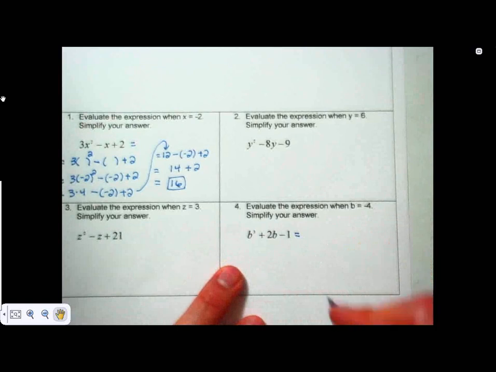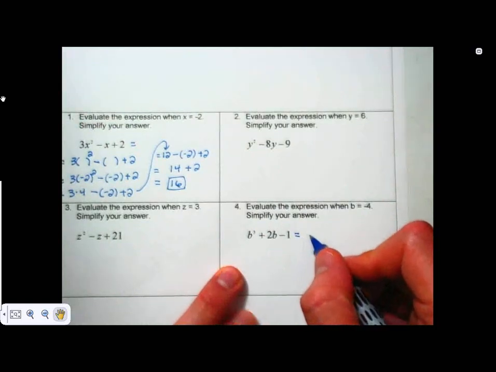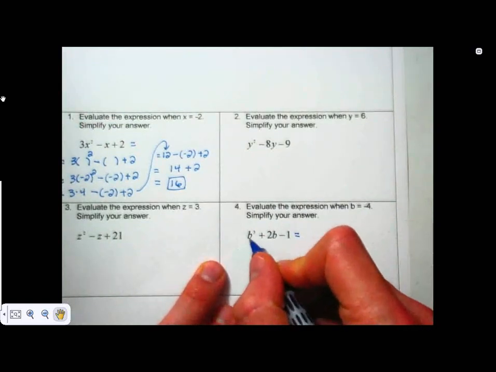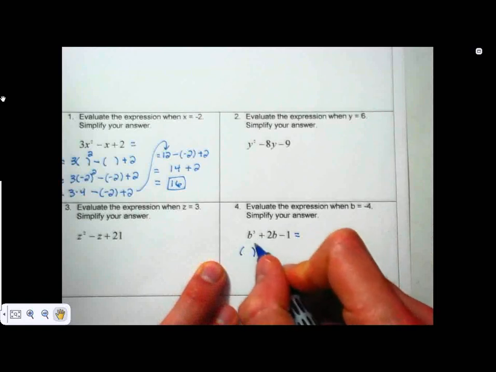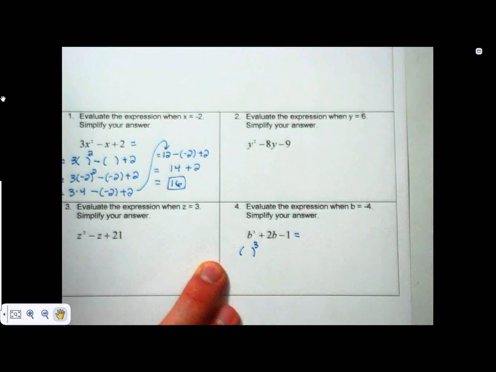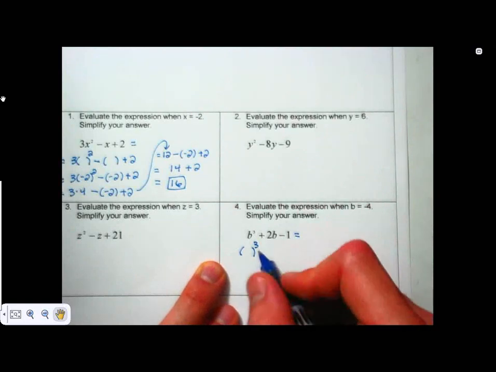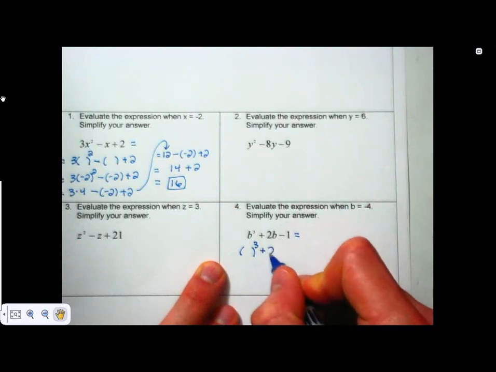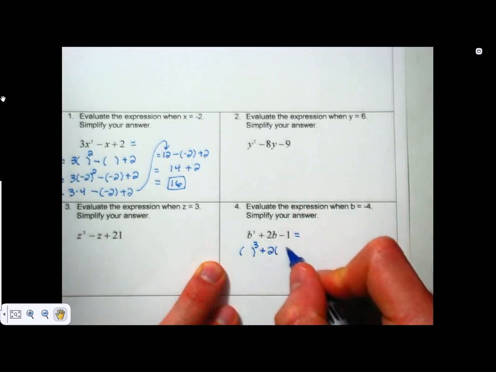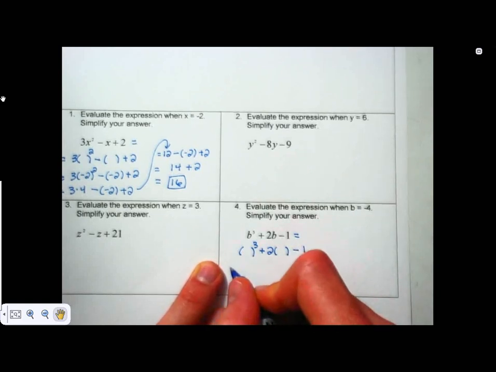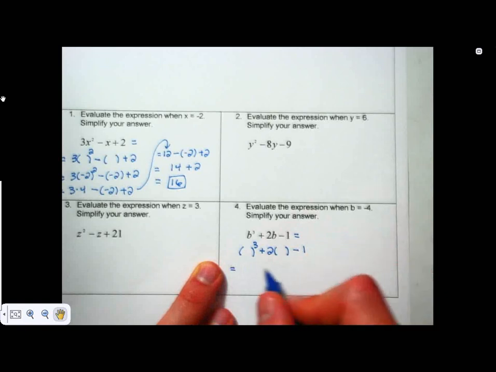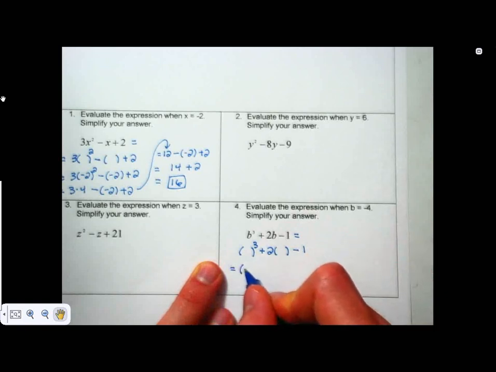So again, first step for number 4 is instead of having b to the third, I'm going to put a little group with space so that I can prepare to put my number in for b. So instead of having 2 times b, 2 times a group, minus 1. And then the next step is going to be to actually plug the number in, and in this case we're supposed to plug in negative 4.